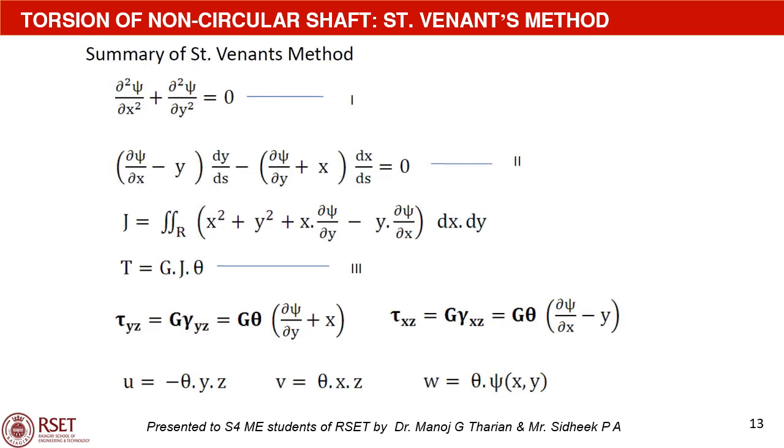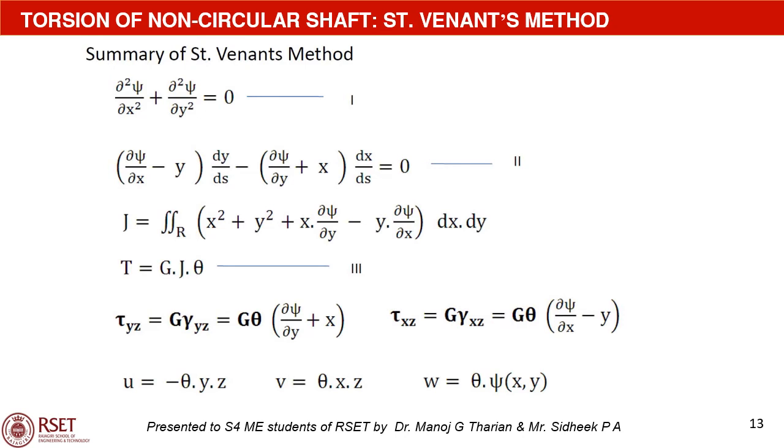The Saint-Venant's warping function psi should also satisfy the condition dou psi by dou x minus y into dy by ds minus dou psi by dou y plus x into dx by ds along the boundary S of the cross section.